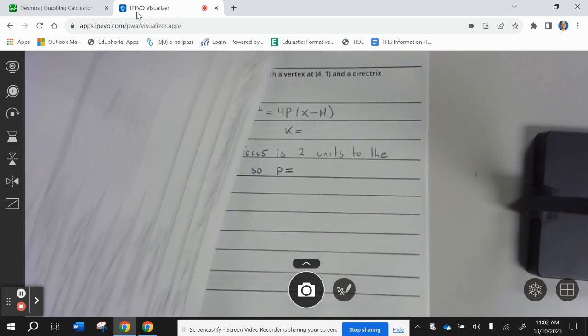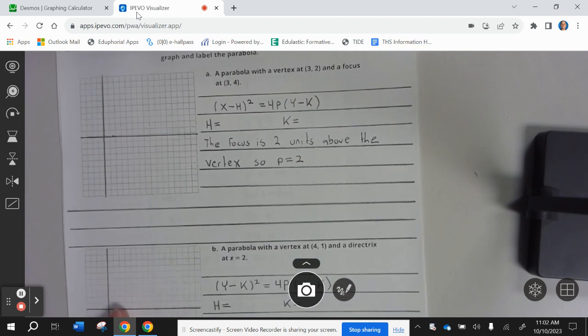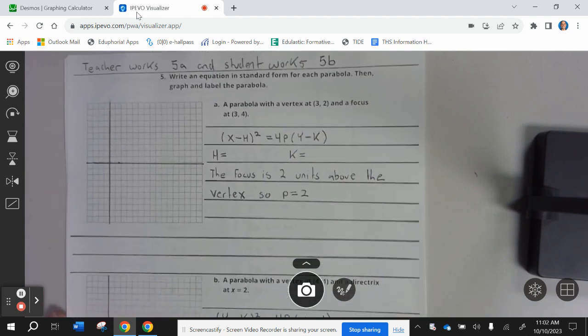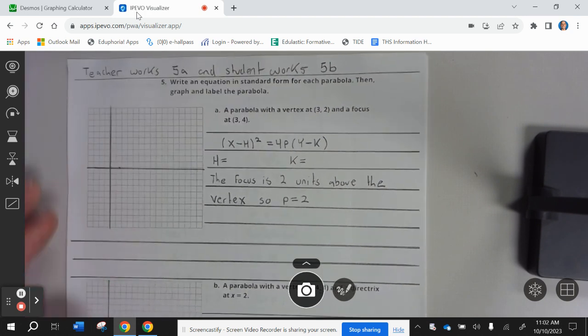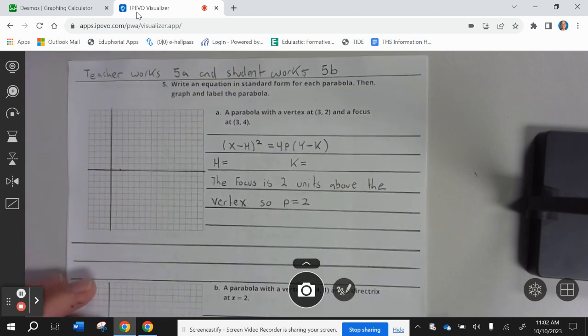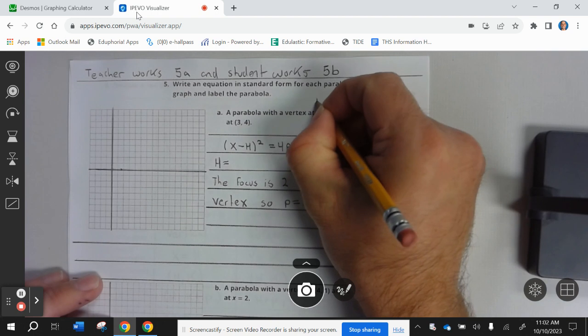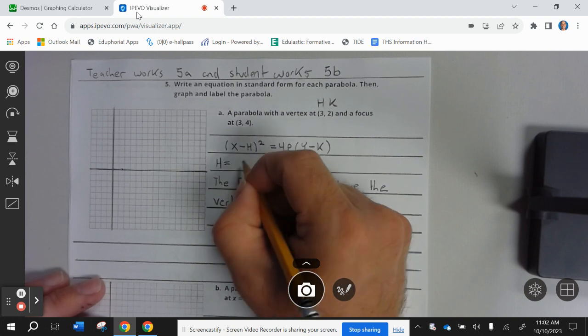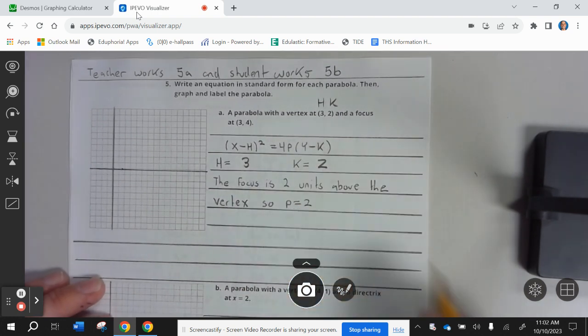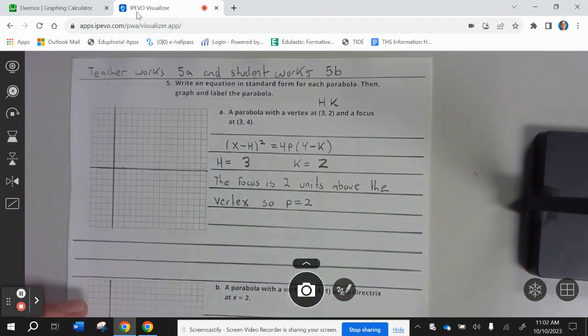All right, let's take a look at the next page. Write an equation in standard form for each parabola, then graph, then label the parabola. Well, the vertex, so we know this is h and k, and the focus is 3, 4. So h and k is 3, 2. The focus is 2 units above the vertex, so p equals 2.